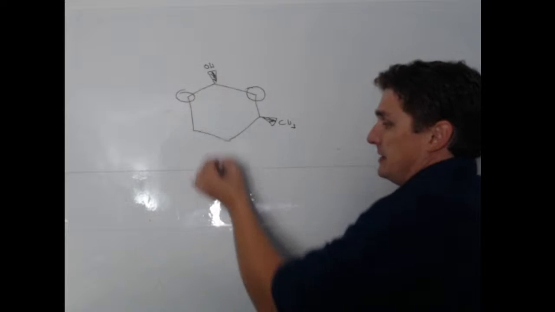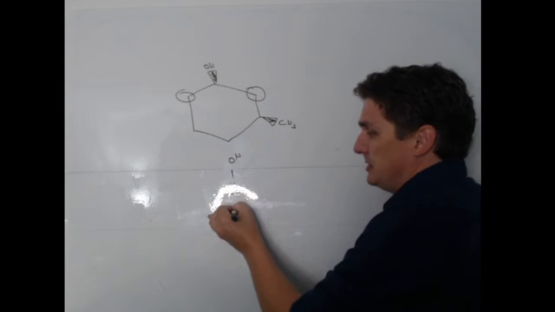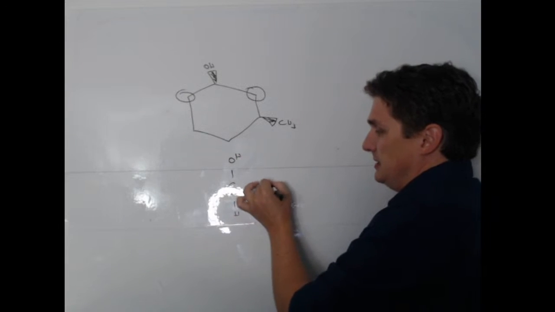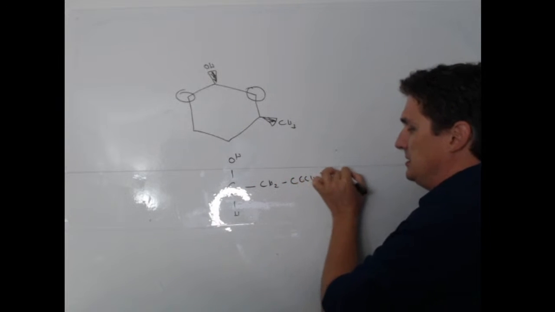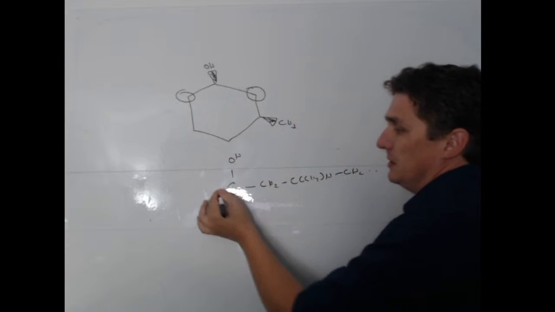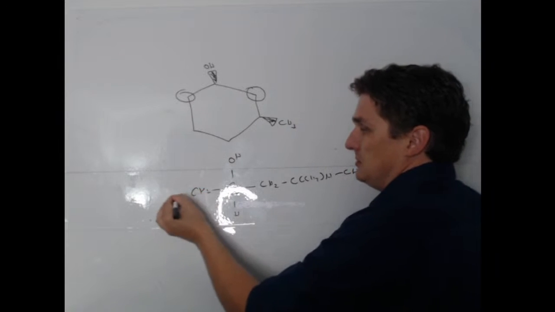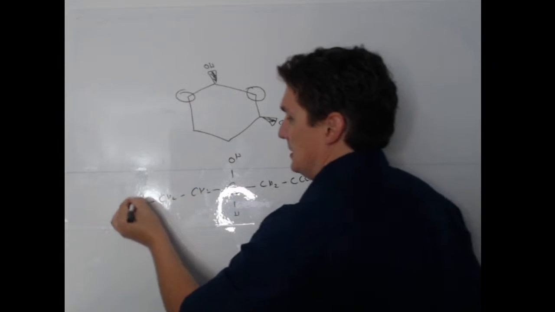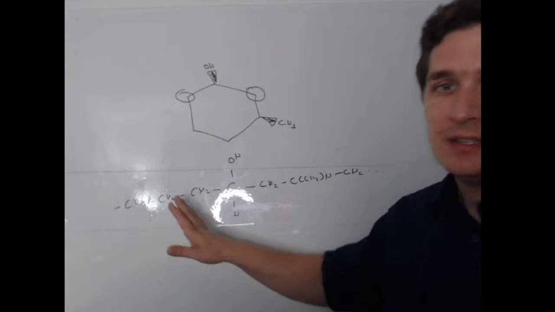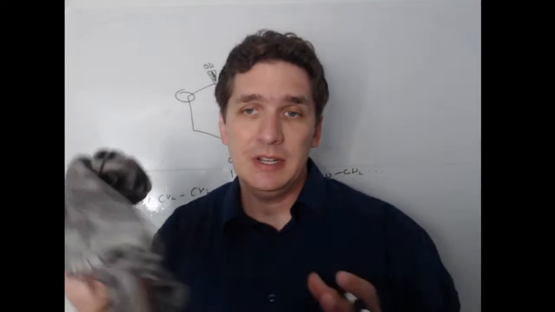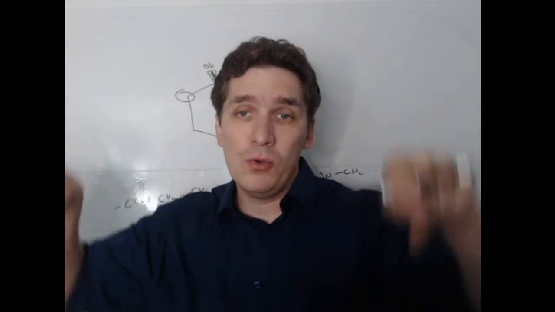So from the perspective of that carbon, we've got an OH, an H, and then CH2, CCH3, H, CH2, and so forth. If we go the other way, we see a CH2, CH2, CH2. You can definitely look left and right and see that they're not the same thing. So again, it's not the local environment, it's the whole thing once you get around.